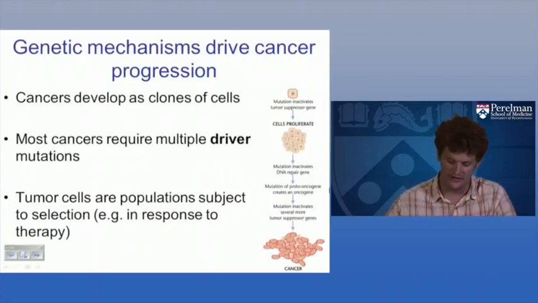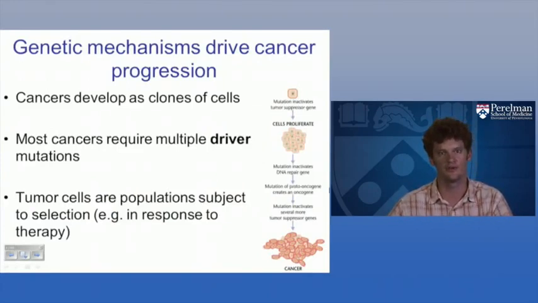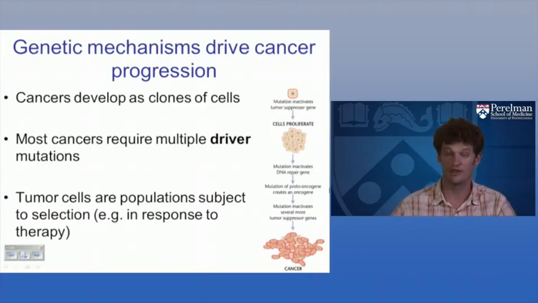Okay, and then a third case where genetics is really critical is in cancer, and we'll talk about this a little bit in the clinical genomics lecture. But the key thing to remember is cancer is really a genetic disease acting at the level of single cells.